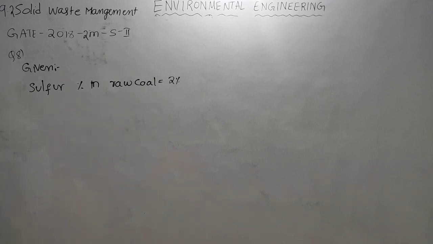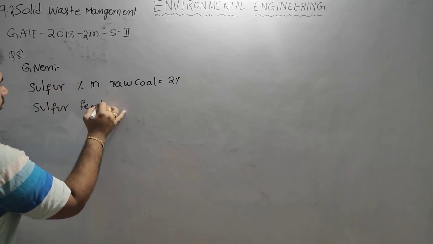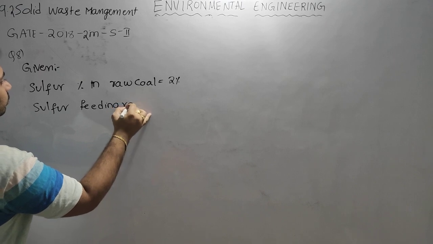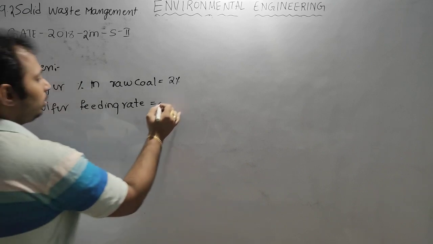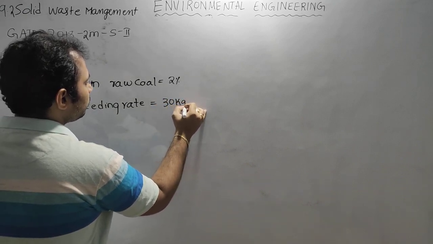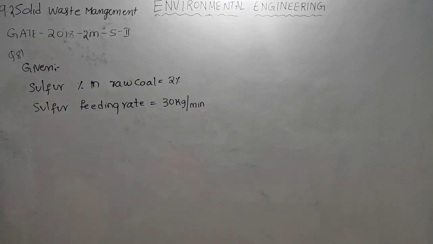And the feeding rate is 30 kg per minute into the brick kiln.